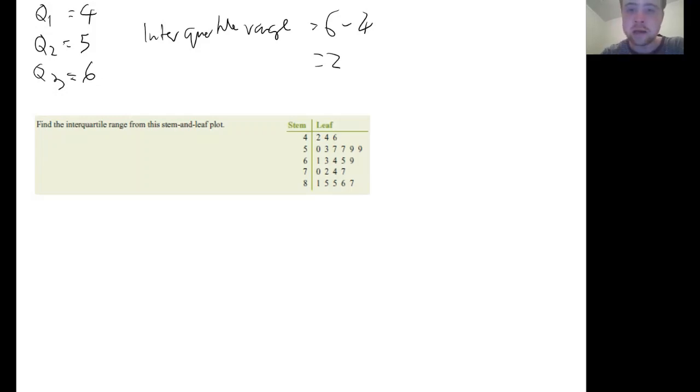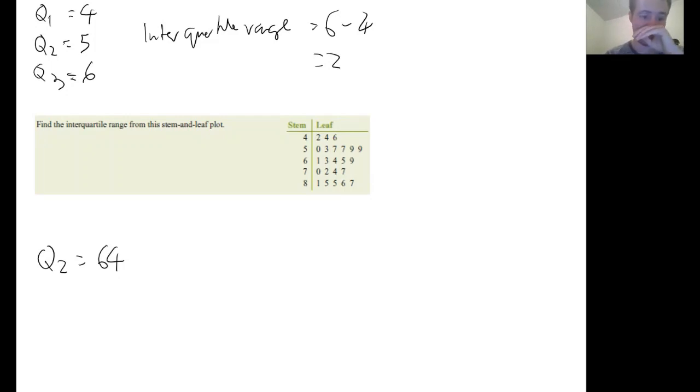So the middle one in 23 is going to be the 12th score. So we're going to count up to 12 to find the median, or the second quartile. So 1, 2, 3, 4, 5, 6, 7, 8, 9, 10, 11, 12. So the middle quartile is 64, because that 4 there goes with the stem to make 64.